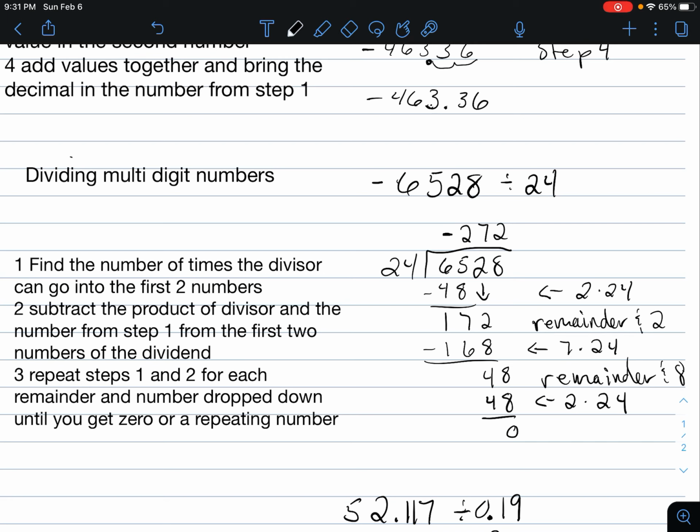Now 24 can go into 48, and that would be 2 times. So 2 times 24 gives us 48. Now it's 48 minus 48, you get 0. So there we have it solved. We've brought everything down, and we've terminated in 0. So we've satisfied all the conditions to be done with dividing these two numbers.